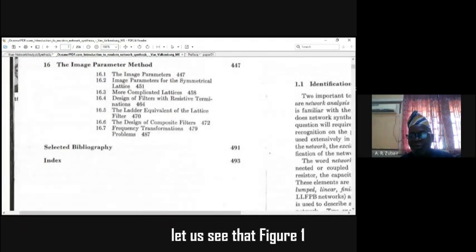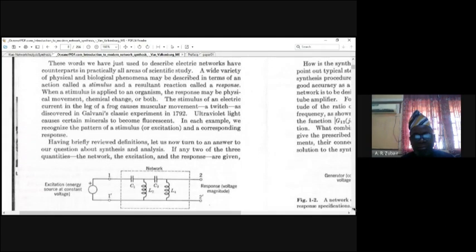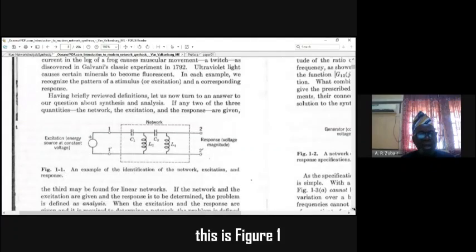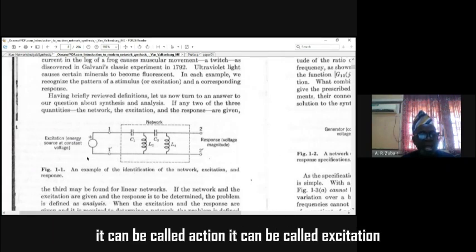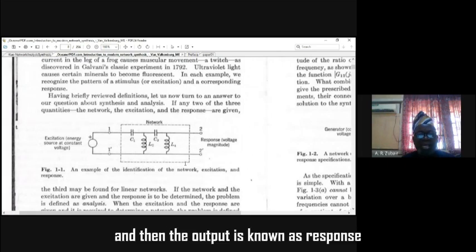Let us see that Figure 1. This is Figure 1. Excitation is the input. Excitation can be called input, it can be called action, it can be called excitation, and then the output is known as response.